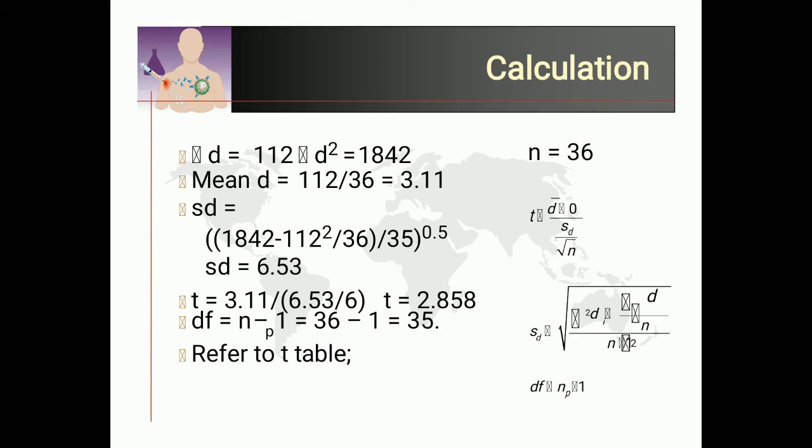SD, the standard deviation, is the square root of 1842 minus 112 squared divided by 36, all divided by 35, which gives SD equal to 6.53. Now the t value is determined by the formula t equal to d bar minus 0 divided by SD upon root n.